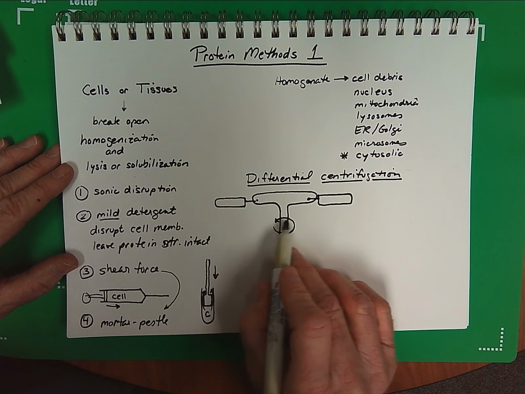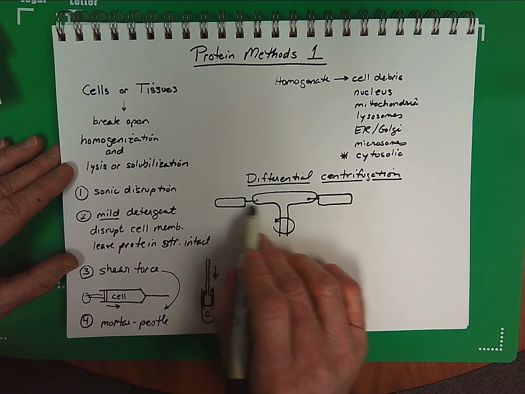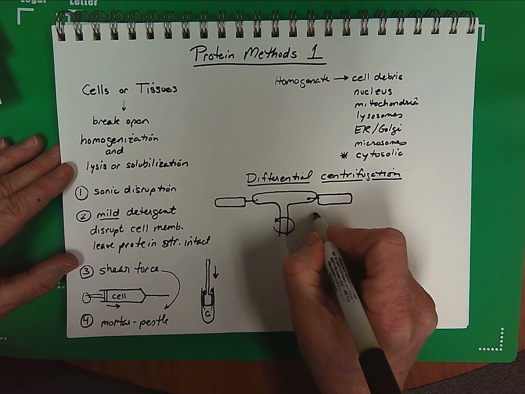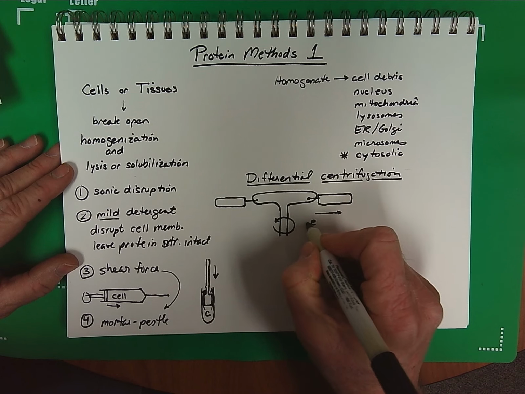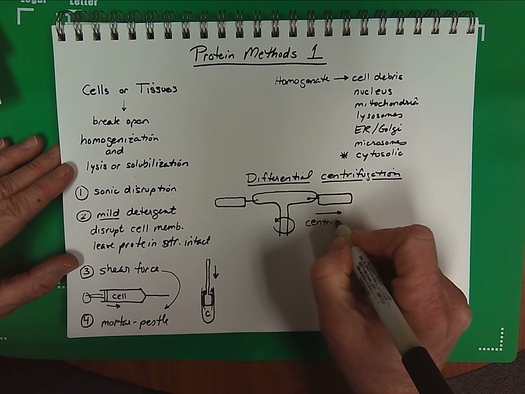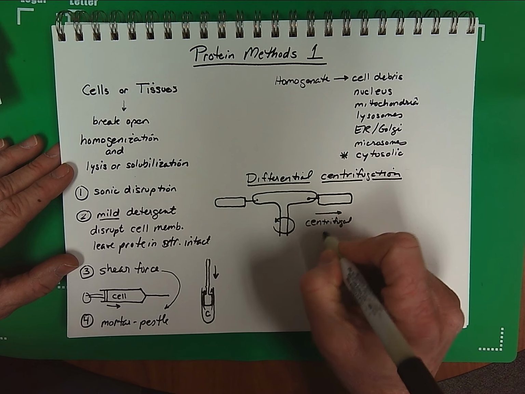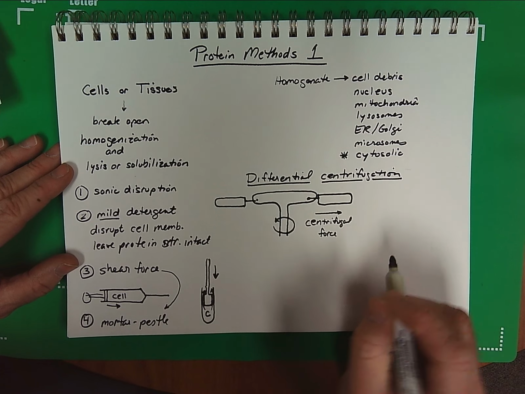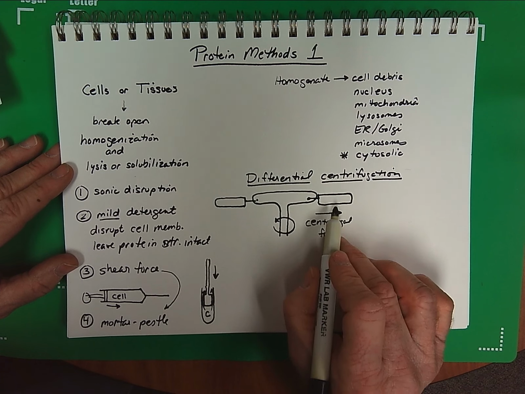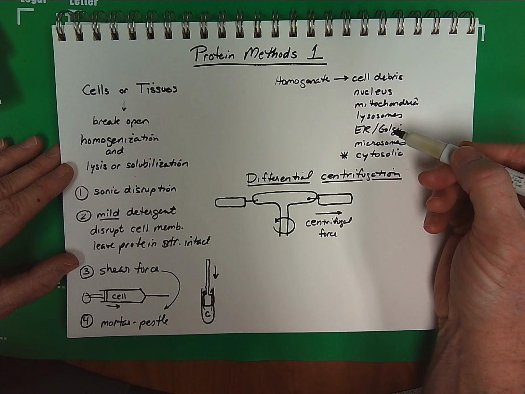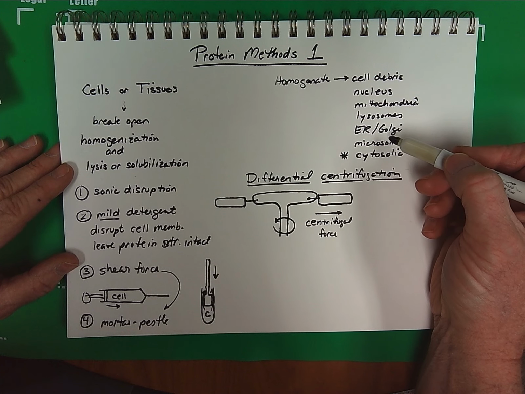So as the rotor begins to spin, the test tubes move to the outside because of centrifugal force. And this begins to pellet the homogenized material from the cells and tissue.